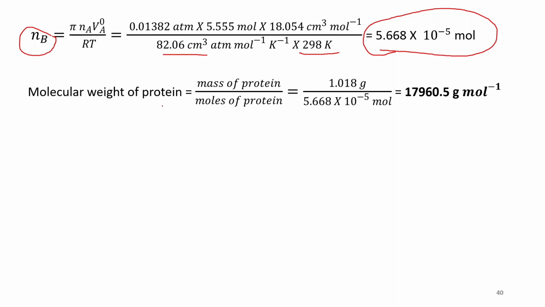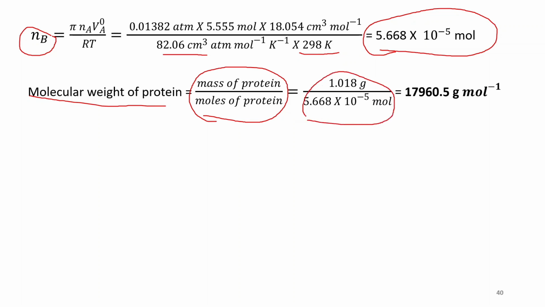Now we calculate the molecular weight, which is the mass of the polymer, the protein, divided by its moles. The given weight is 1.018 divided by 5.668 into 10 to the power minus 5, which equals 17960.5, around 18,000 gram per mole, the molecular weight of the protein.